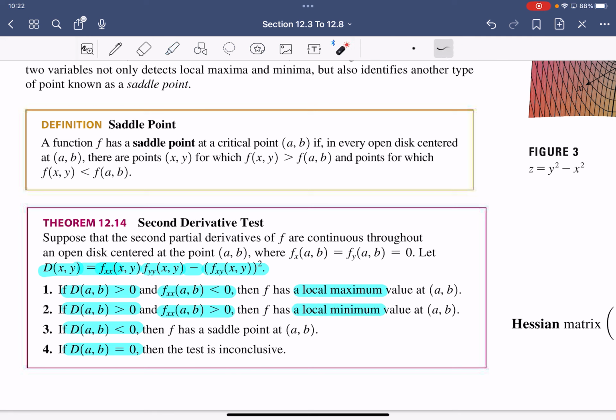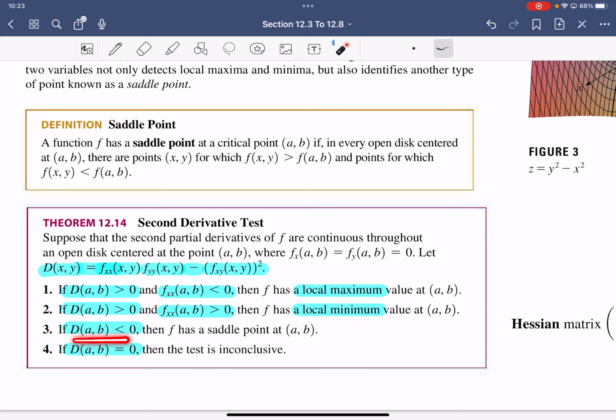So case number 1 and case number 2, this is what you are looking for: local max and min. When your D here, sometimes we call it the discriminant, is bigger than 0, the sign of the derivative fxx is your decision, max or min.